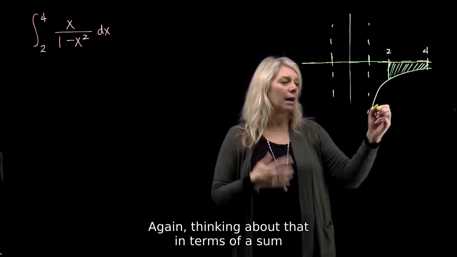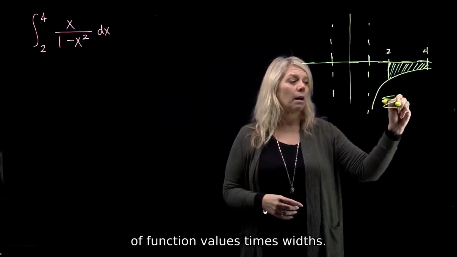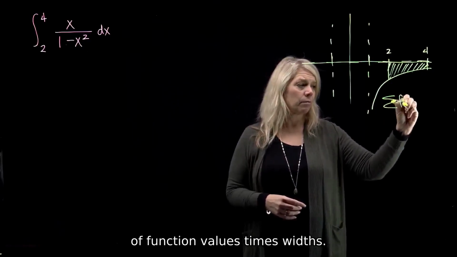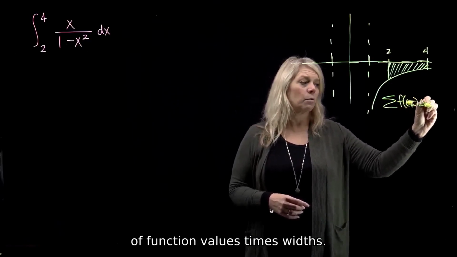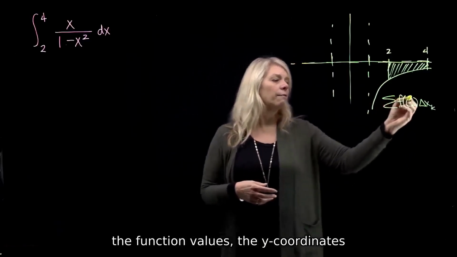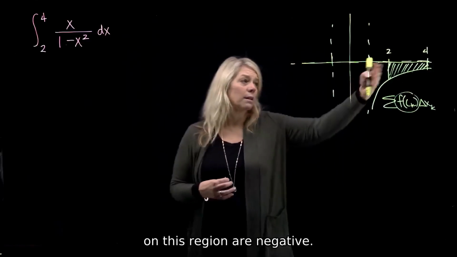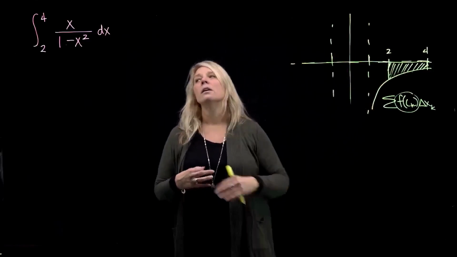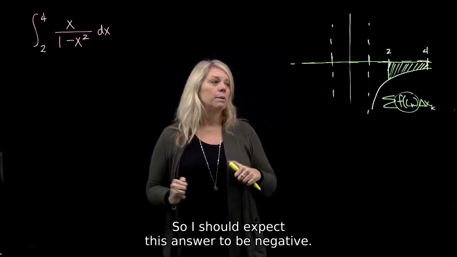Again, think about it as a sum of function values times widths. The function values, the y coordinates on this region, are negative, so I should expect this answer to be negative.